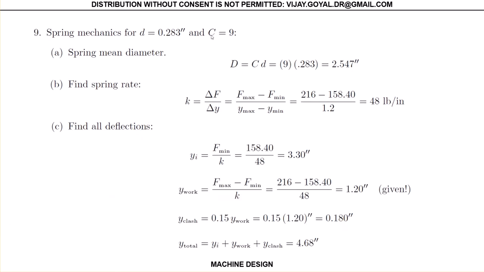So I do the whole analysis with 9 now, and you can see that D is equal to this, K is equal to this, and I get what your initial load would be with F minimum. So that's given here. The working load is there. Your clash is there, and your total deflection is 4.68.